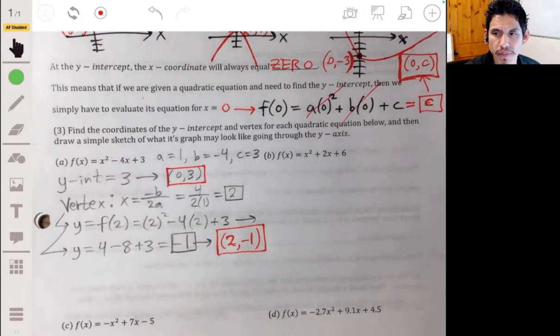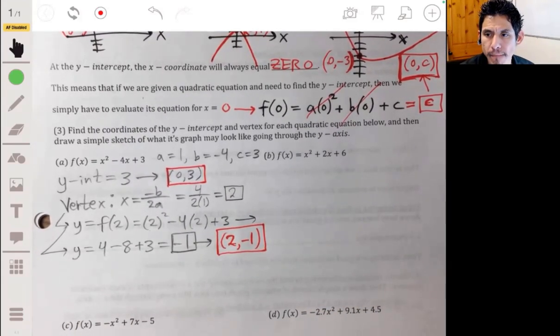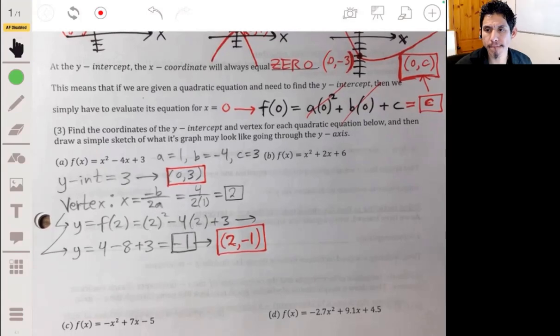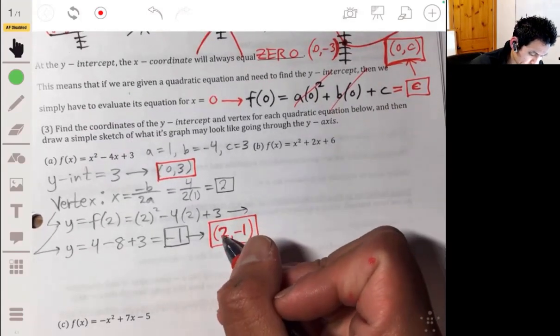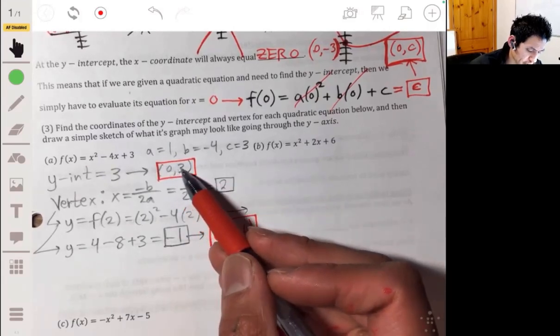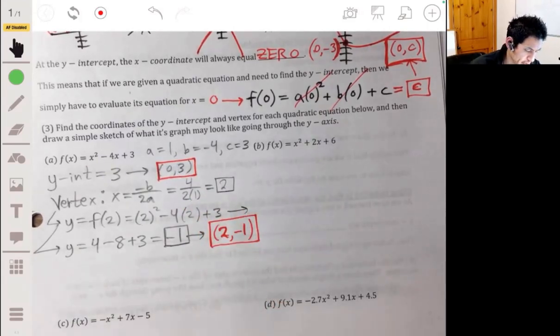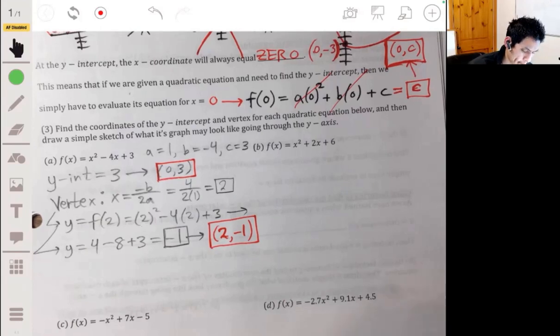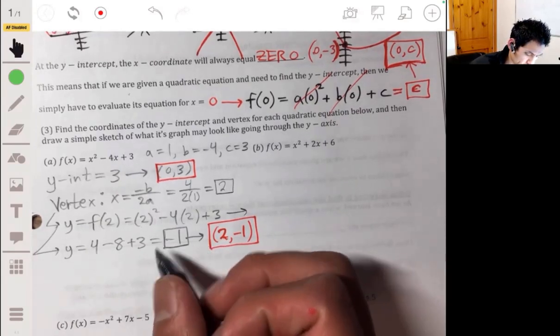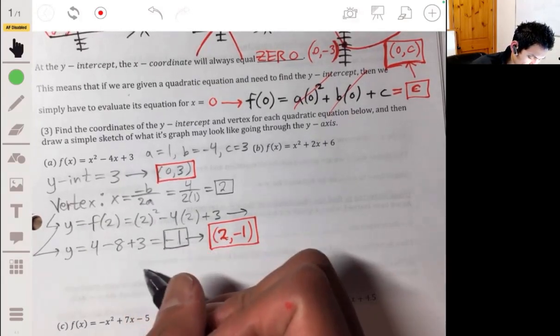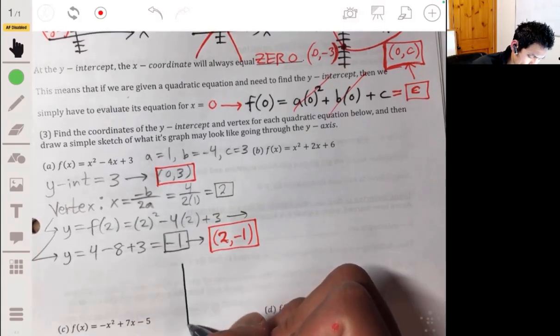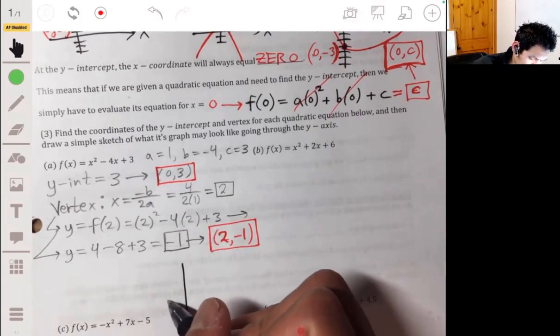Okay, now we're getting somewhere. So let's draw a sketch of this. Let's make sure that it goes through (0, 3) and (2, -1). That's all we have to make sure it goes through with our sketch.